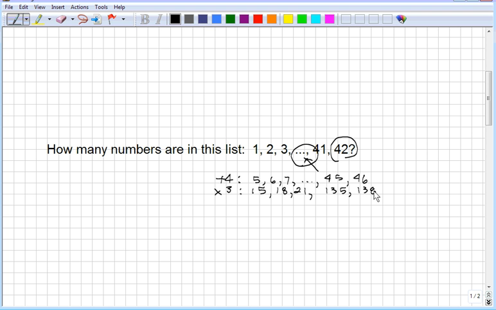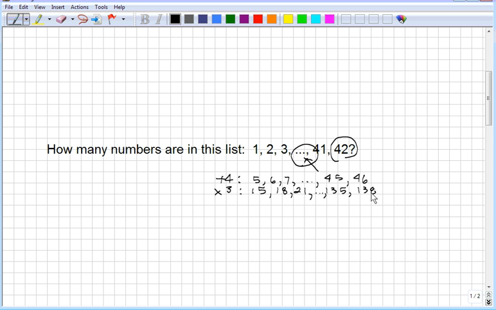Whoops, I forgot the ... here. So again, if I asked you how many numbers are in this list, well, we really haven't changed the number of numbers in the list. All we've done is multiply every number by 3. We haven't changed the number of numbers, so there are still 42 numbers in this list.